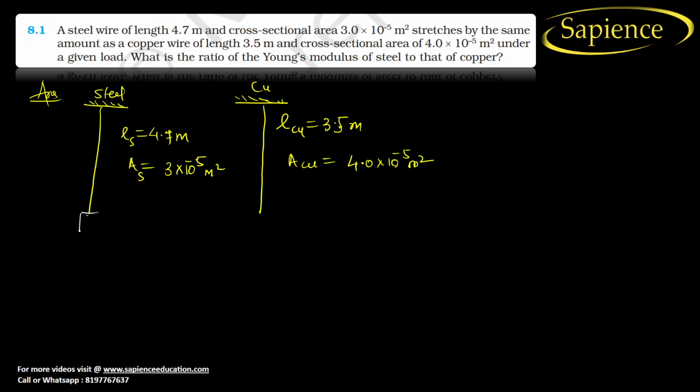They have applied a load or a force F here, and here also a load or a force F. And one thing they have in common is that delta L, the change in length for both wires, is the same. So what is the ratio of Young modulus of elasticity, Y of steel to Y of copper?